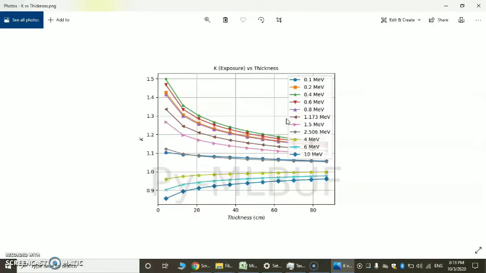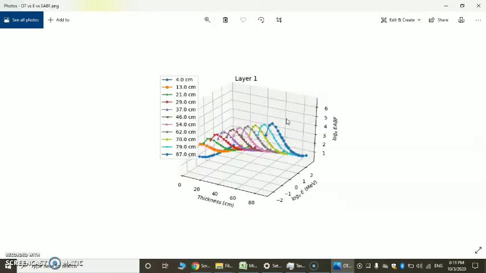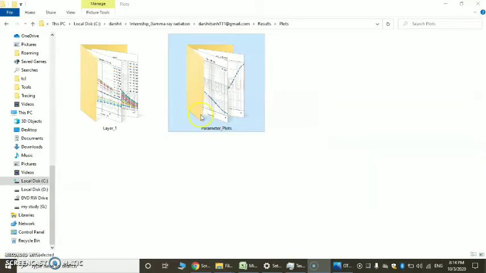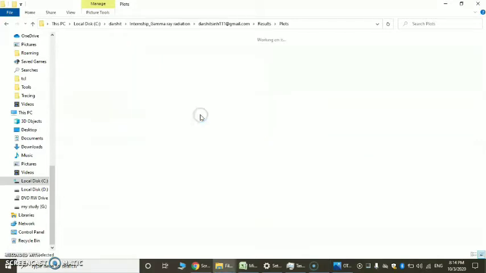This is K parameter versus thickness. This is the layer 1 3D plot. This is all about thickness in centimeter, then log of energy and log of energy absorption buildup factor. This is again a 3D plot. Now these are the parameter plots.